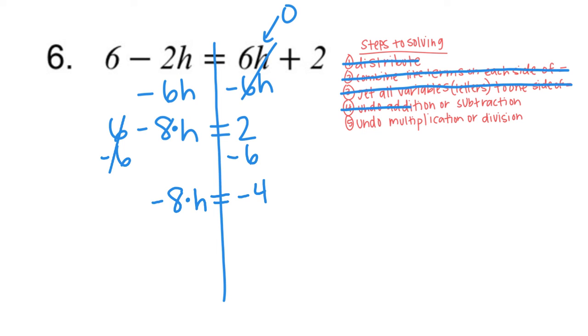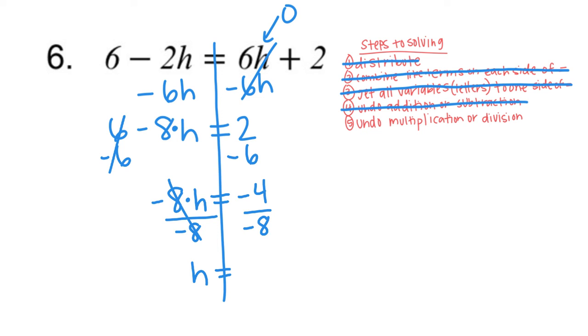So I'm done with adding and subtracting, and now I need to undo by multiplying or dividing. I have that -8 times h, so I'm going to do the opposite, and I'm going to divide by that -8. So now I have h equals, use that calculator, -4 divided by -8.